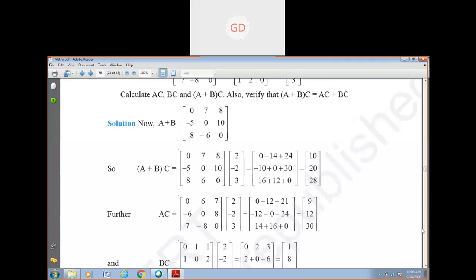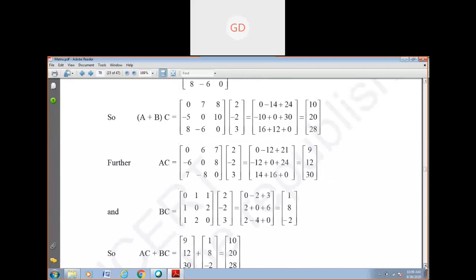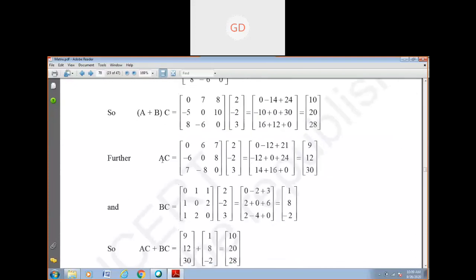And for the right hand side expression, we have AC and BC. If we multiply A into C, we get the column matrix 9, 12, 30. And BC is another multiplication, B into C. The result of this BC matrix is 1, 8, minus 2.